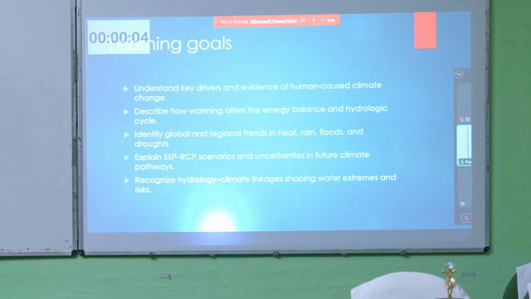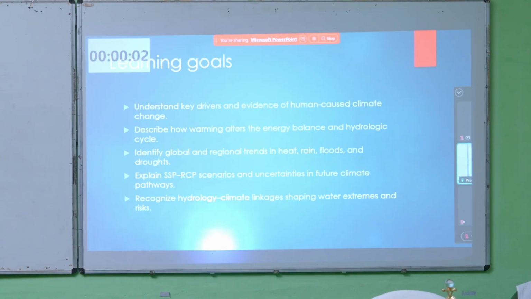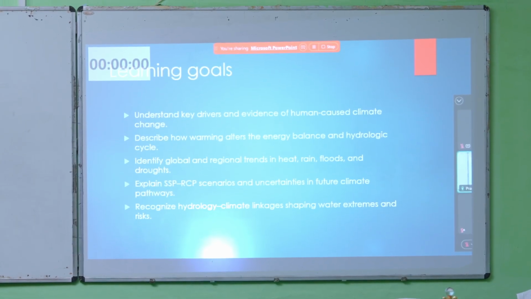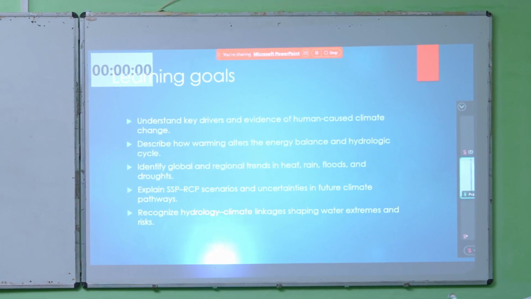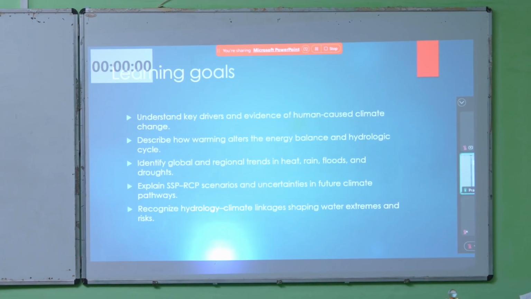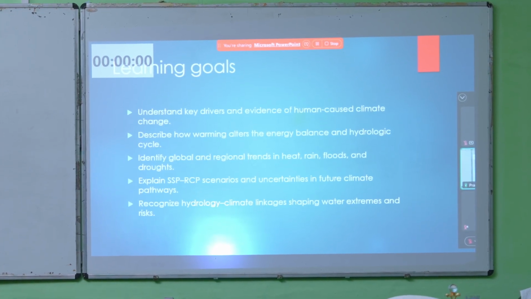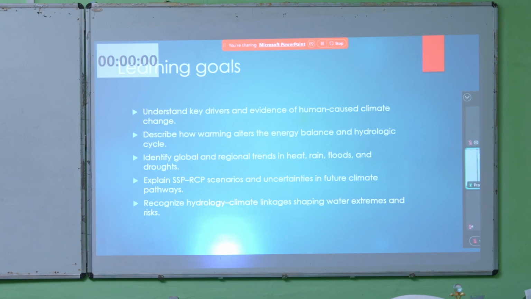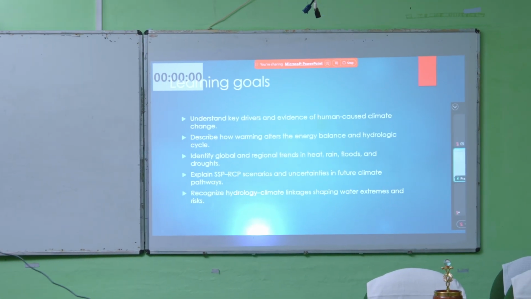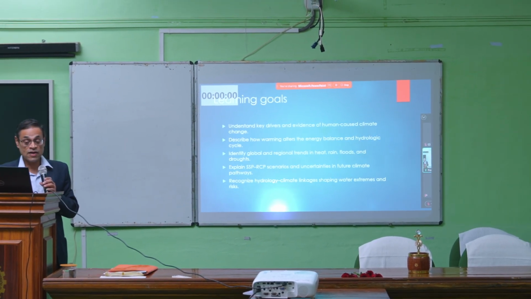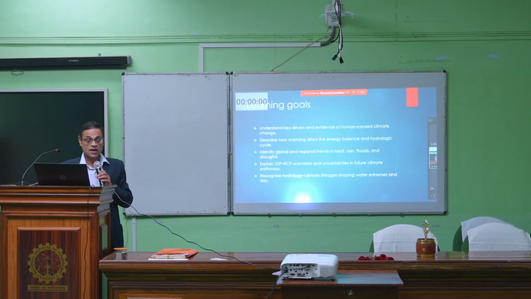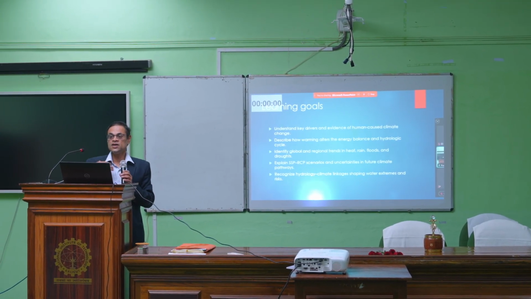Then explain the primary difference between two generations of climate model products, SSPs or socio-economic pathways, and RCPs, representative concentration pathway scenarios, two different types of climate model outputs, and what kind of uncertainties they have, and then recognizing the linkage between hydrology.